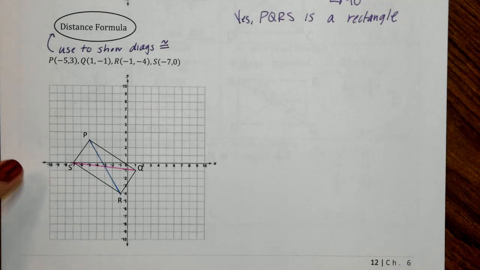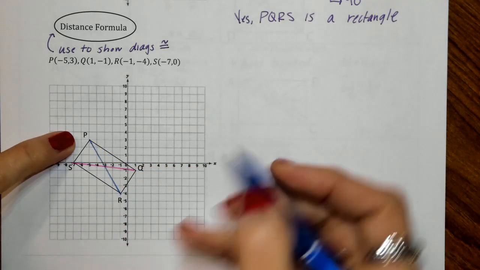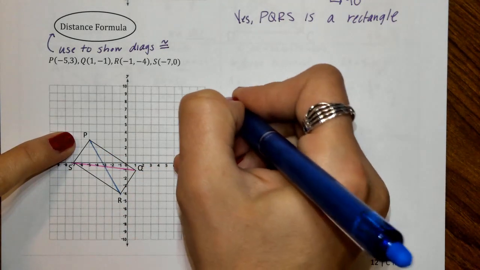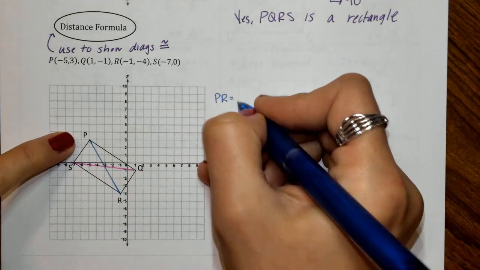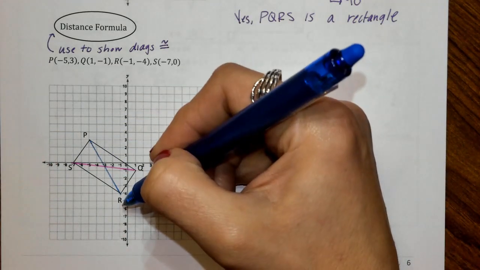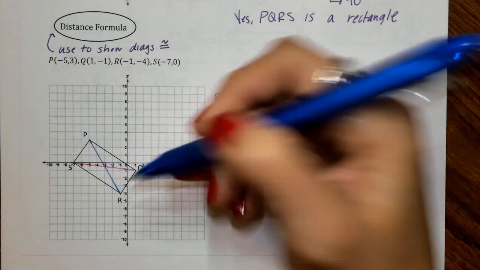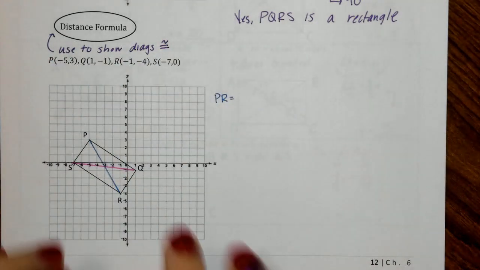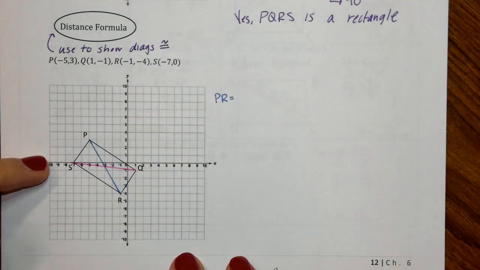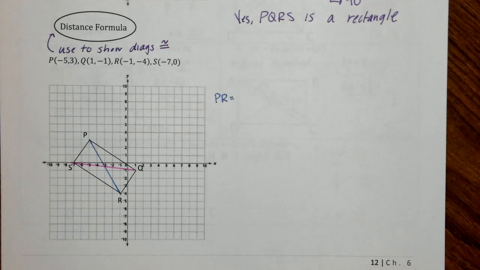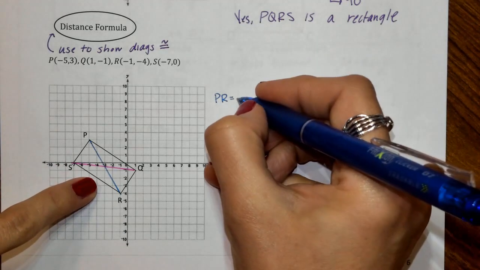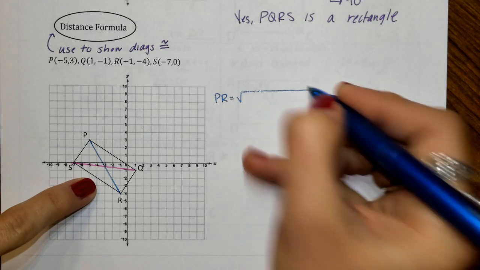So let's take a look at P to R. When we use this distance formula, again, you cannot count on the graph. Okay, it looks like, okay, 1, 2, that does not work that way diagonally. Along your X and your Y axes, horizontally and vertically, you can, but you cannot when it's diagonally like this. So here we'll have to use our distance formula.